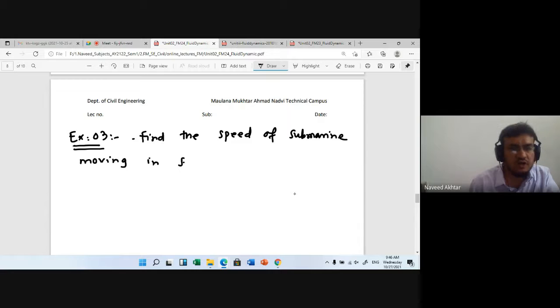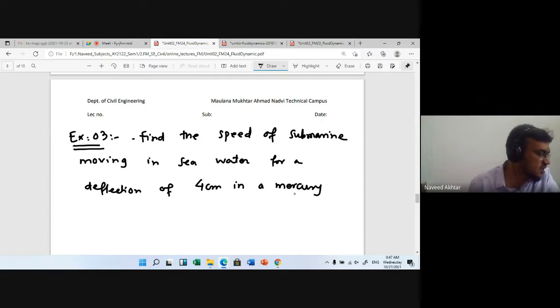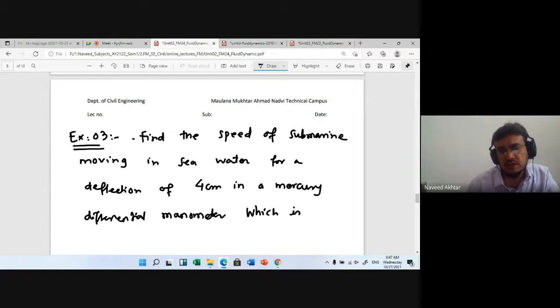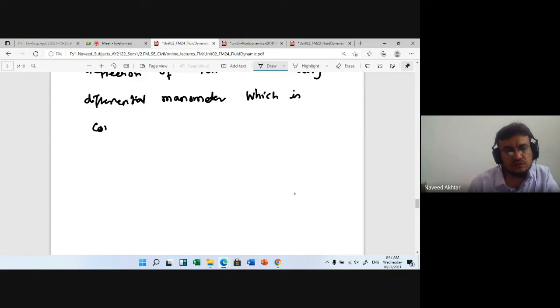moving in seawater for a deflection of 4 centimeter in mercury, in a mercury differential manometer, which is connected to a Pitot static tube.